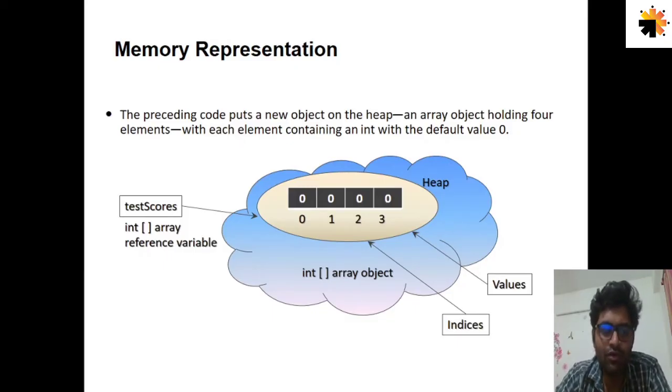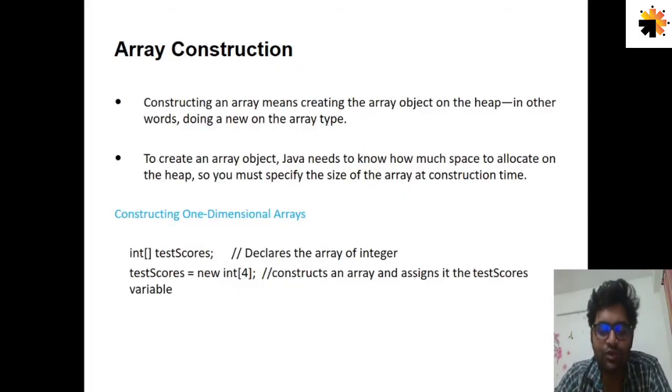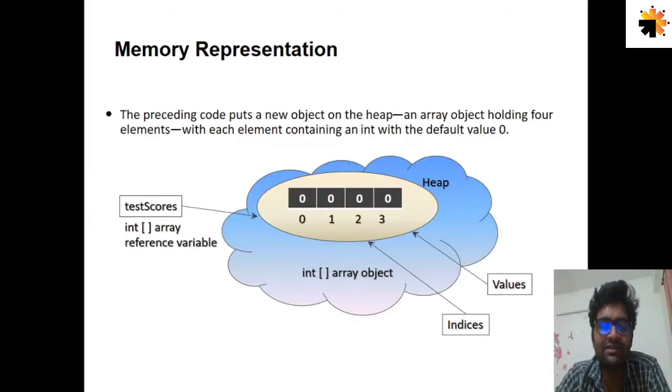Now every array, whenever you are constructing it, will always begin with index 0. So the positions will be 0, 1, 2, 3. You can see that it is in increasing order. This way the array will be created. As we have seen, the size of the array is 4 over here, so the indices that we can see are 0, 1, 2, 3.